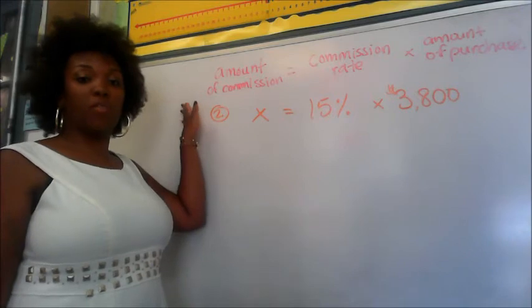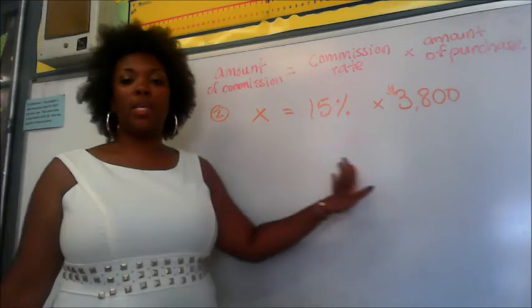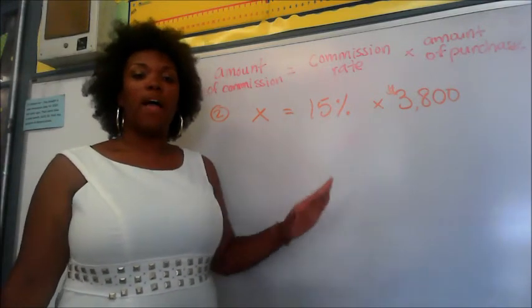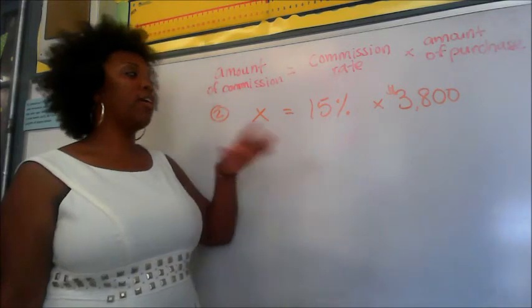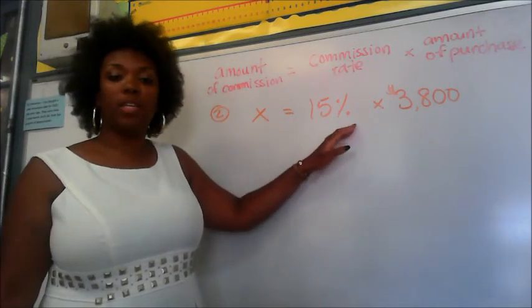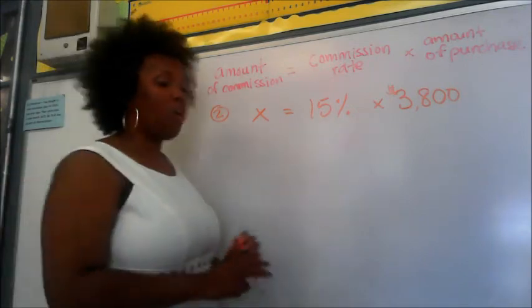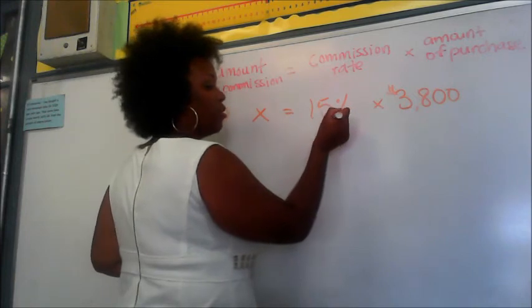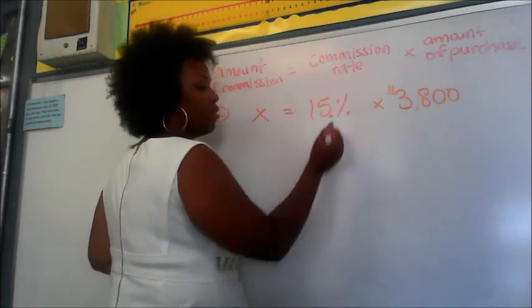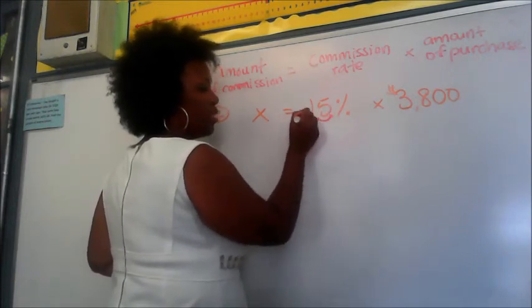We know that this is the formula, filled in key pieces of information. I think the next step that we did on the previous example was to turn this lovely percent into a decimal. So we're going to use another color. We know that the decimal lives right behind the last number. Move it 2 places to the left.